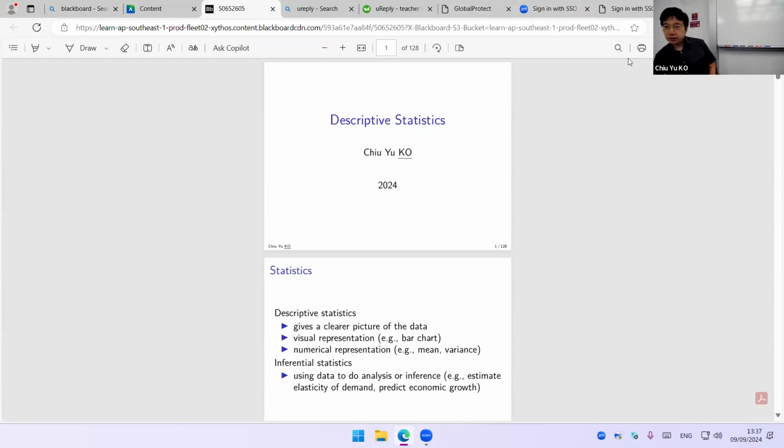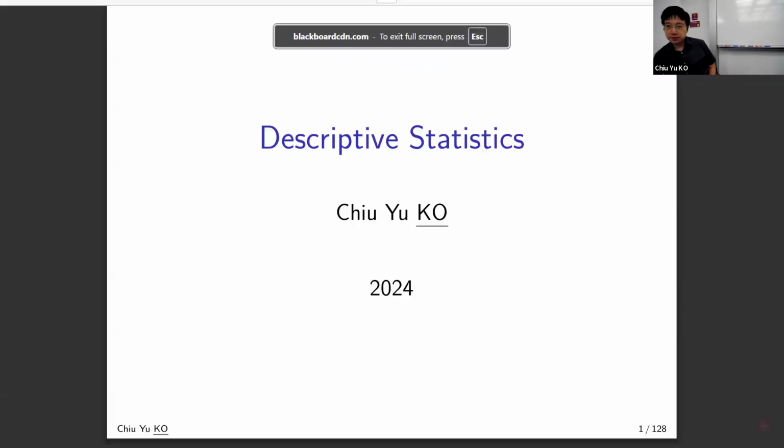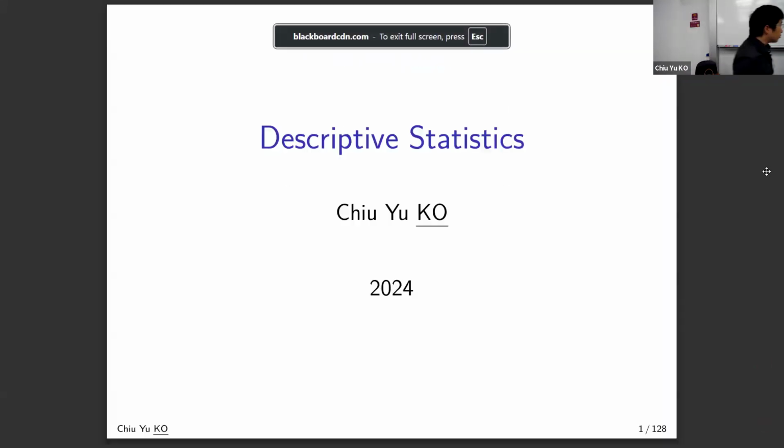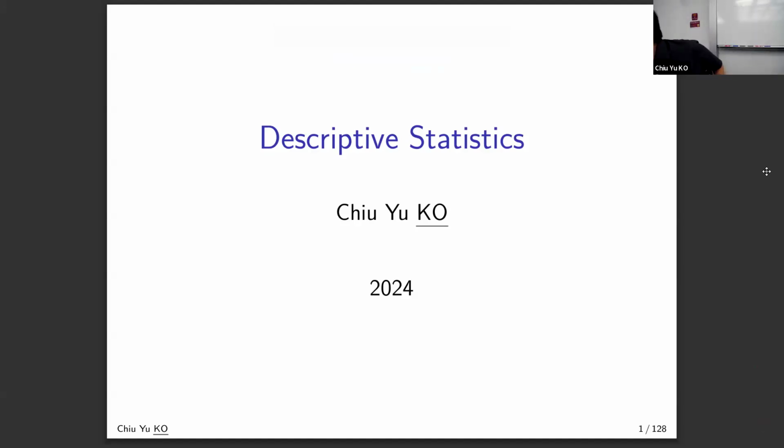So the first thing to do is to briefly review. Oh, sorry, I forgot to share the screen. Review what we have done in the last class and then continue the journey. In the first class, we talked about mean, median and mode.